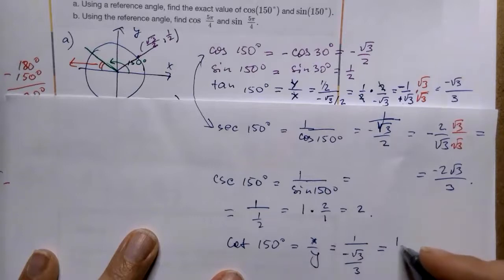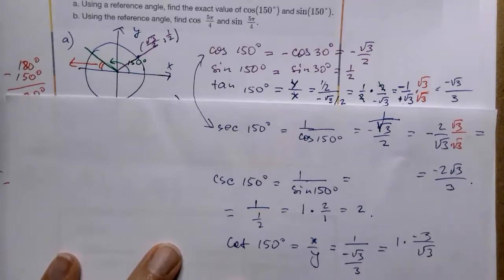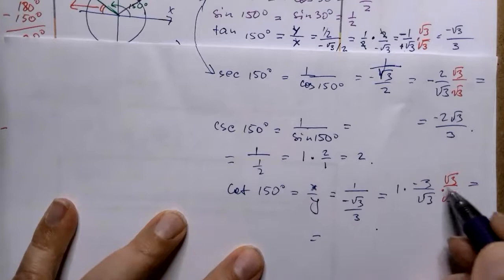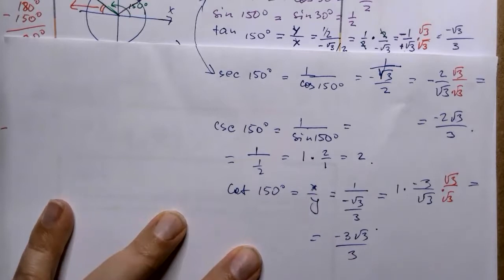So it's 1 times -3 over root of 3. So what I need to do now, I need to rationalize the denominator, multiply by root of 3 and root of 3, which will give me -3 root of 3 divided by 3, and then I have to cancel 3's, and that will give me negative root of 3 over 1, or just negative root of 3.